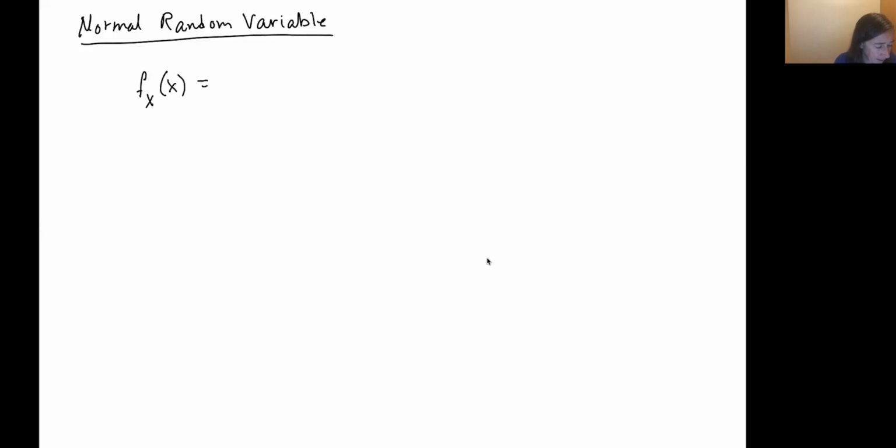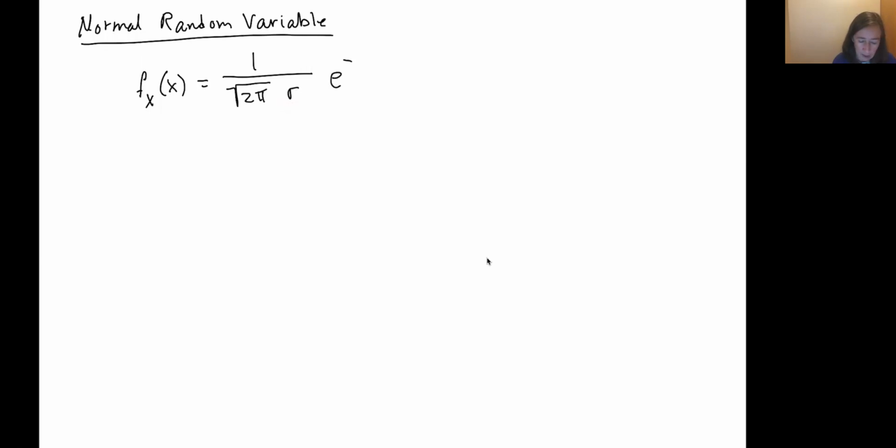It's kind of something else. 1 over root 2 pi times sigma, that's a parameter, and sigma is not under the radical here, times e, Euler's constant, the same e that showed up in the Poisson distribution as well.